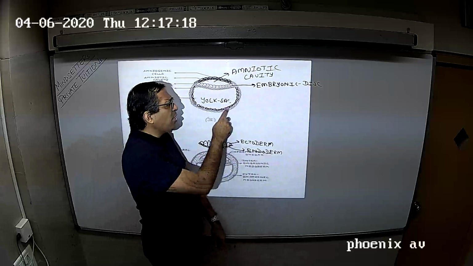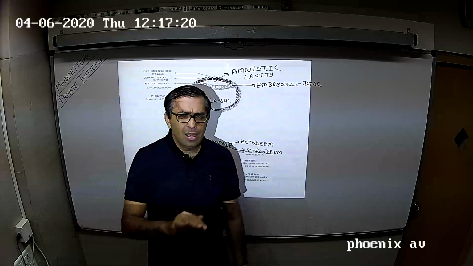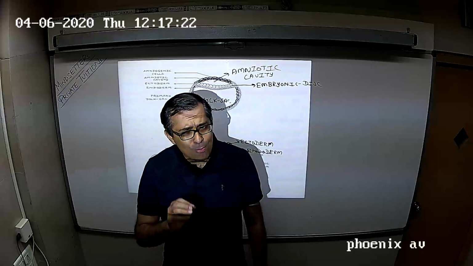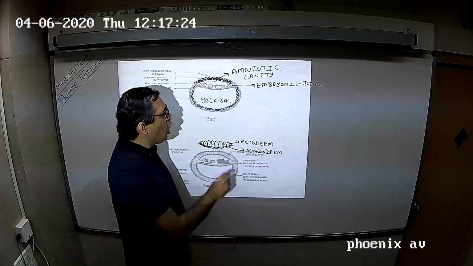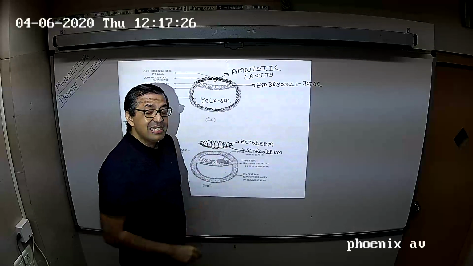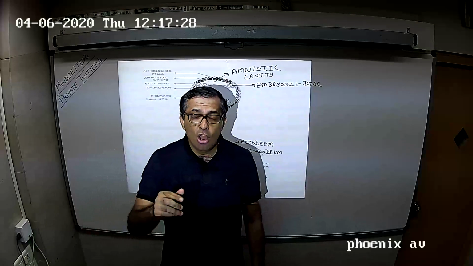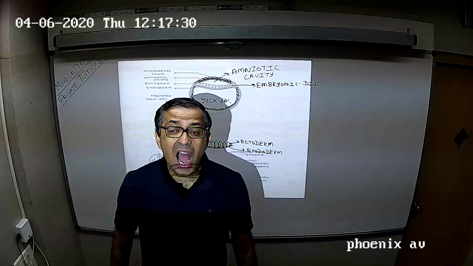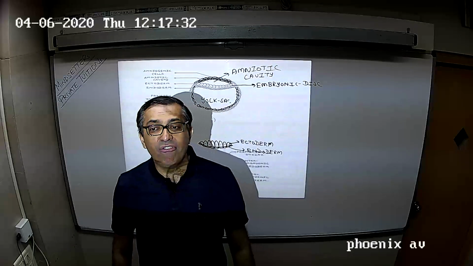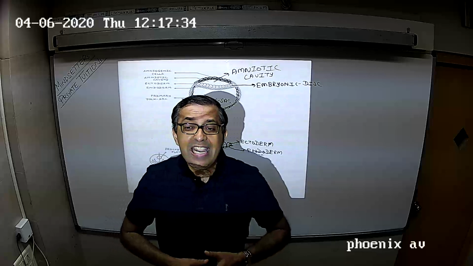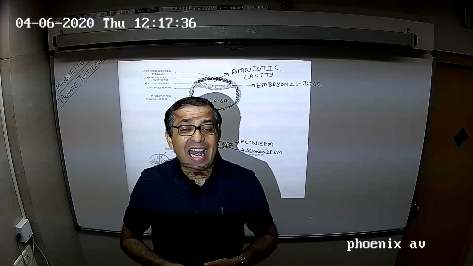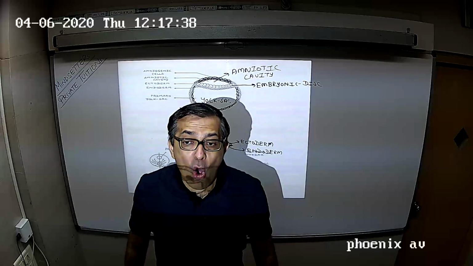And what is the function of this yolk sac? Not given in your books, but you may please remember this. Yolk sac cells in the future form the RBCs of the fetus. So the fetus's red blood cells are made from the cells of the yolk sac.